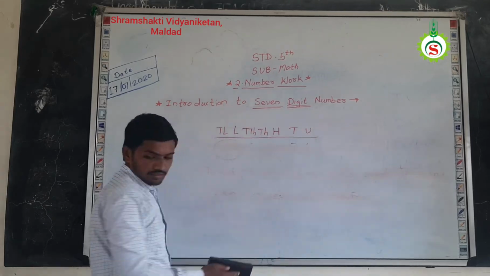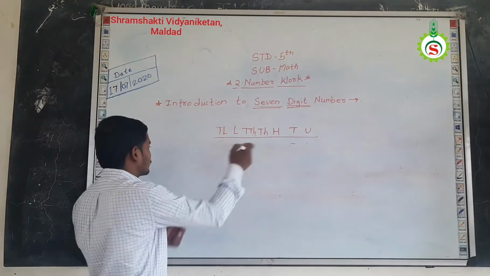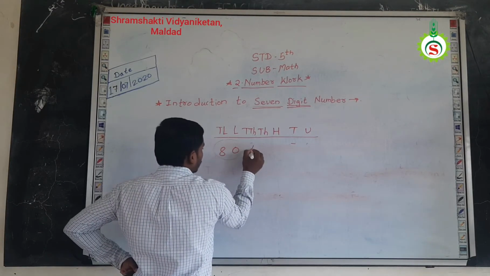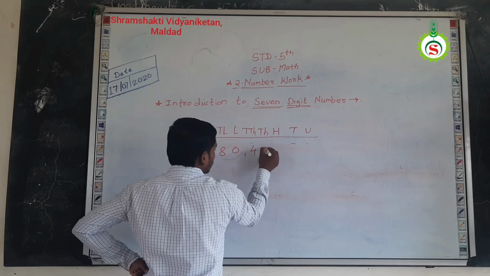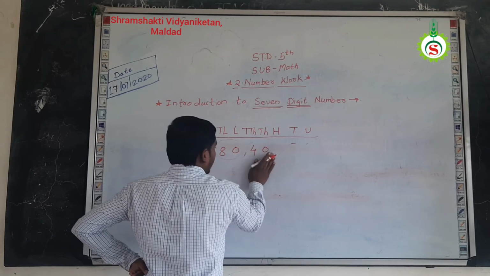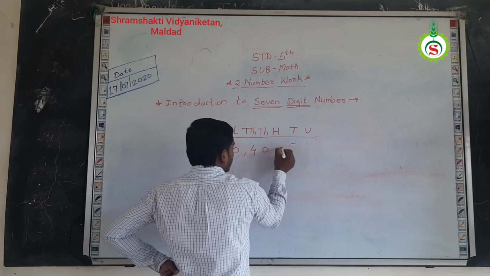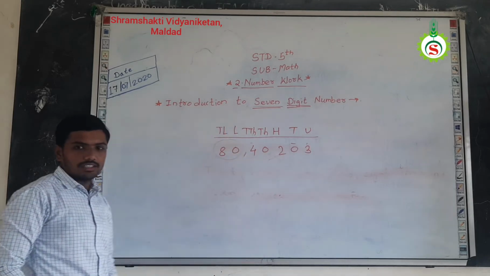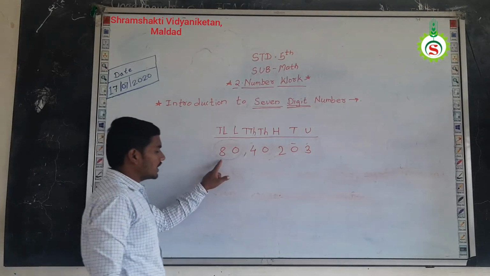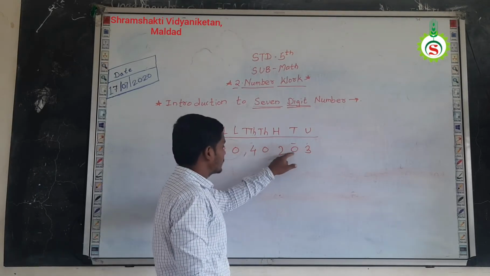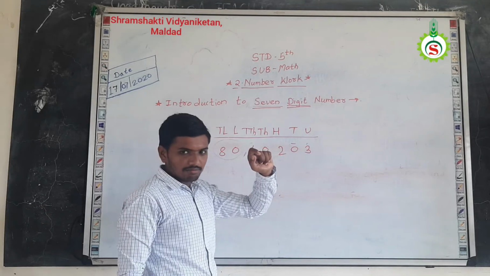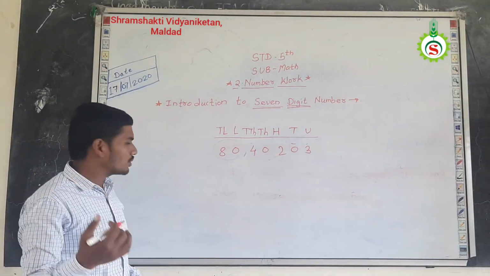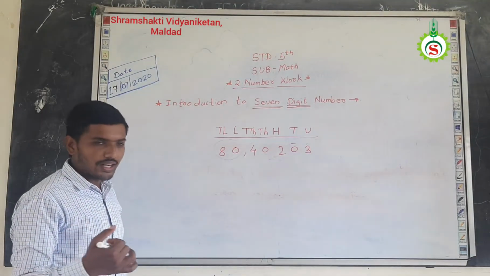Now 8, 203. This is the number. That means how many digits? 1, 2, 3, 4, 5, 6, 7. It is a 7-digit number. So now I have to read that number and I have to write that number into words.